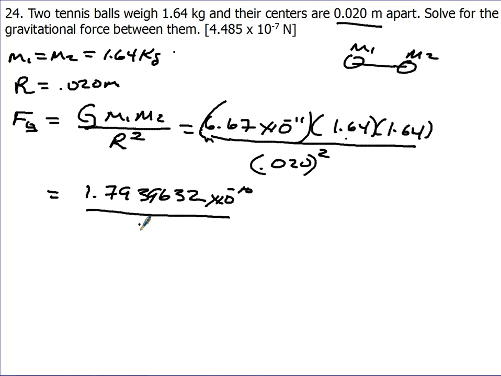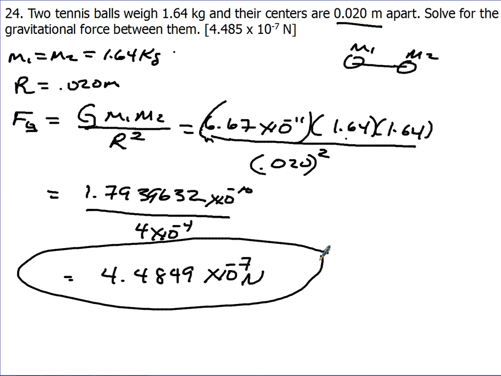This is 4 times 10 to the negative 4th. So 1.79399632 times 10 to the negative 10th divided by 4 times 10 to the negative 4th gives me, oh, at least I got this one right, 4.4849, that's 5, that's close, times 10 to the negative 7 newtons. I feel slightly redeemed.